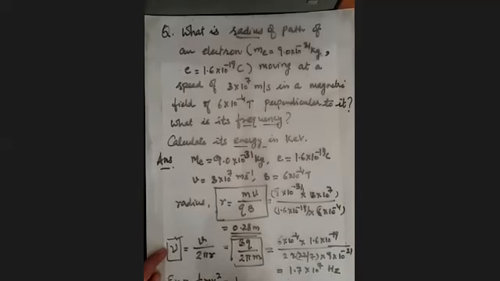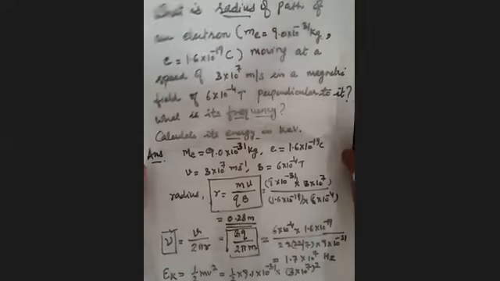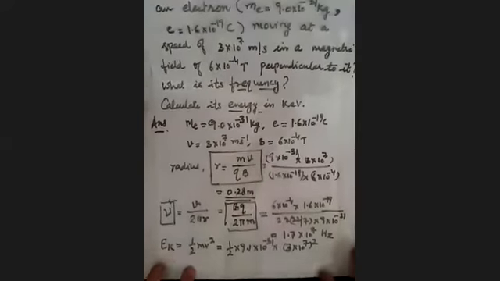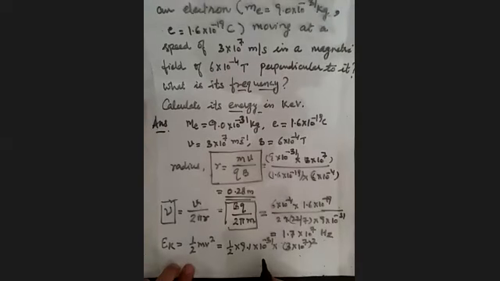So it is half, mass is 9.1 × 10^-31, and v² where v is also given, 3 × 10^7, and square of that. After calculating all this, we get the value of the energy.